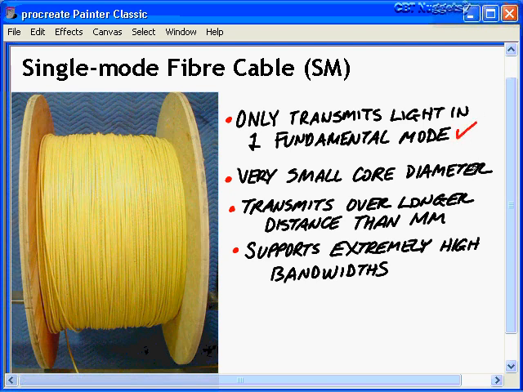It has a very small core diameter, and it transmits all kinds of different information over longer distances than multi-mode fiber. So generally you're going to see single mode fiber used for long distances, not just between buildings in a campus or in a small metropolitan area network, but over long distances. It supports extremely high bandwidths. That's single mode fiber.